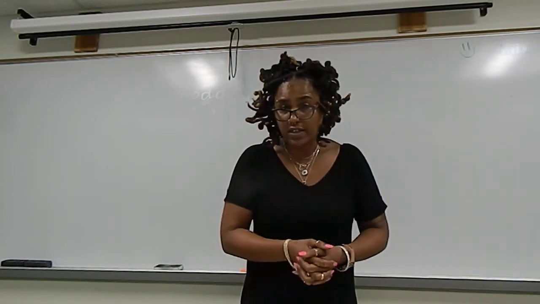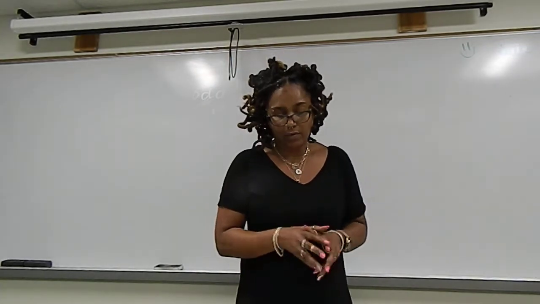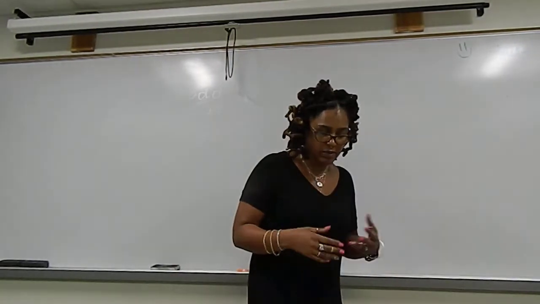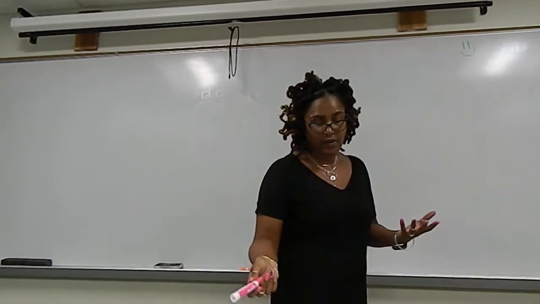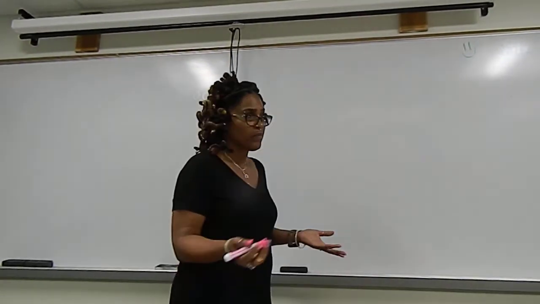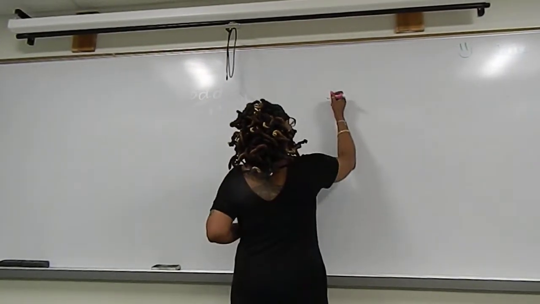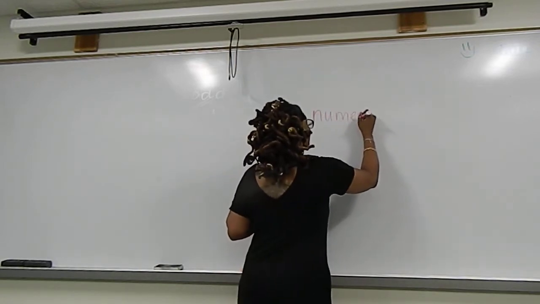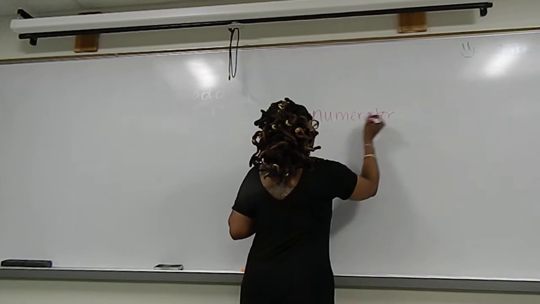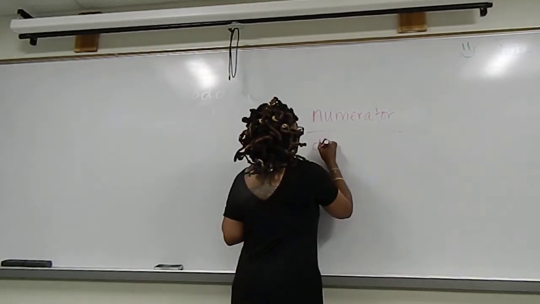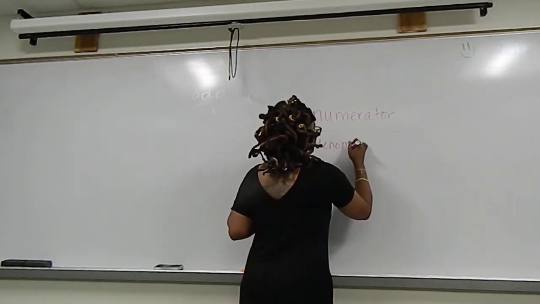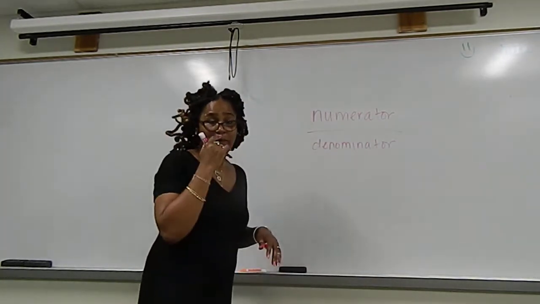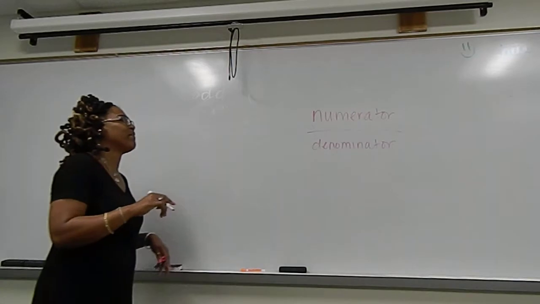I do want to step into some of the fraction operations today, but there's some fraction vocabulary I want you to recognize. The top of the fraction is called a numerator, N-U-M-E-R-A-T-O-R. The bottom of it is called the denominator.